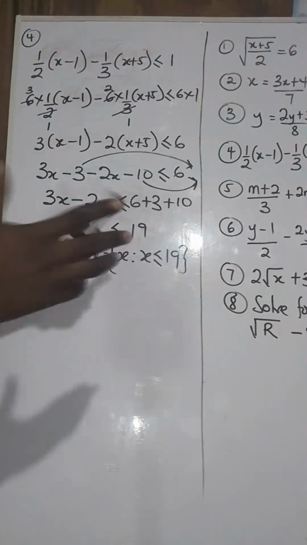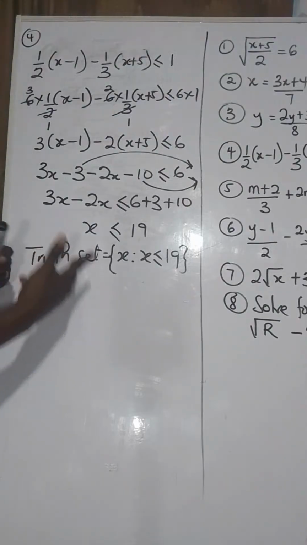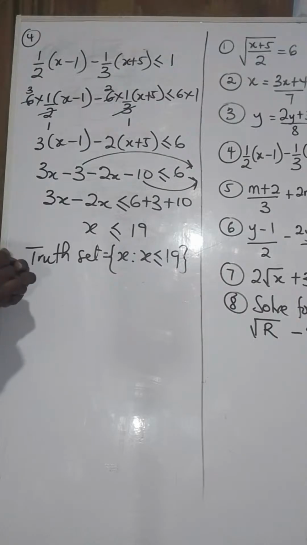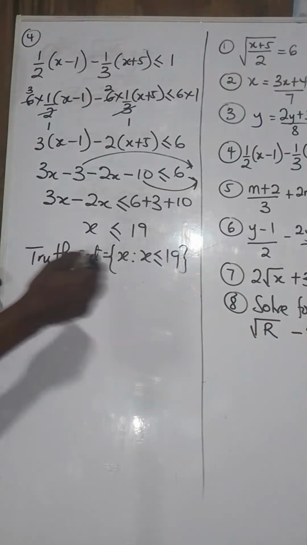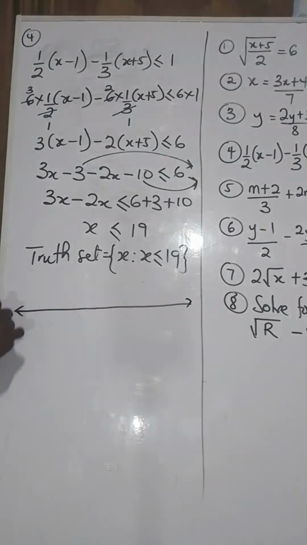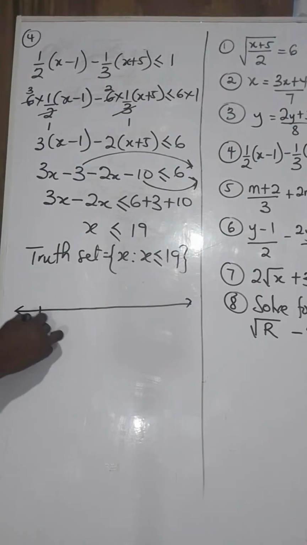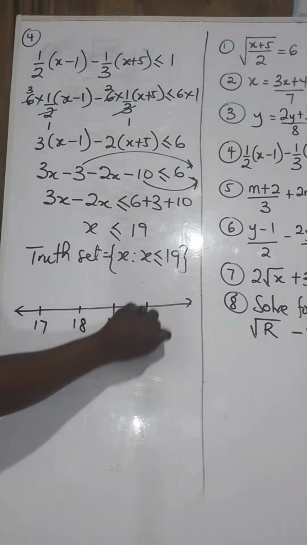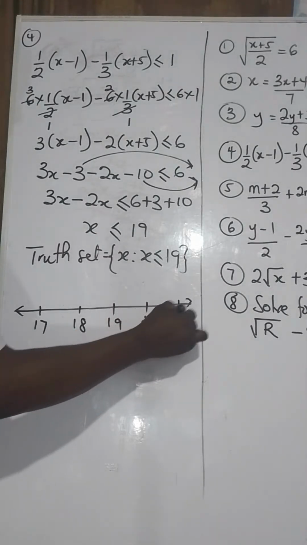Then if the question is asking for a number line, you draw the number line within the range of your answer. Since we are having 19, I can start from, let's say, 17, 18, 19, 20, 21.